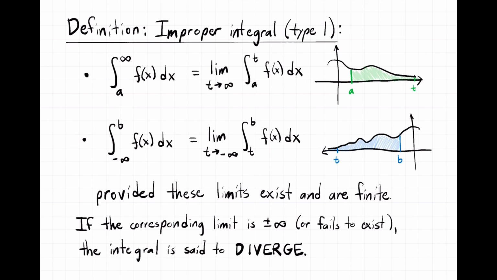And at the last step, we took the limit as that t went to infinity after we had computed the integral. We either got a number, in which case the answer was a number, or we got something infinite, either minus infinity or positive infinity. Sometimes you'll do one of these integrals and you'll get an answer that is neither infinity nor negative infinity, but still does not exist. In either of those cases, we'd say the integral diverges. And that's how we solve these kinds of problems.